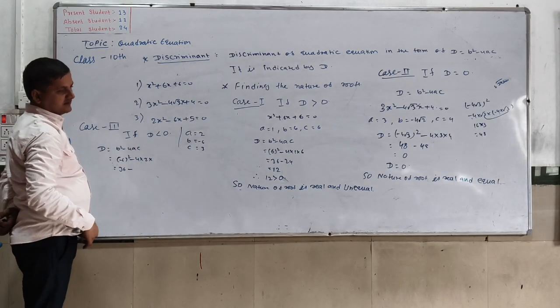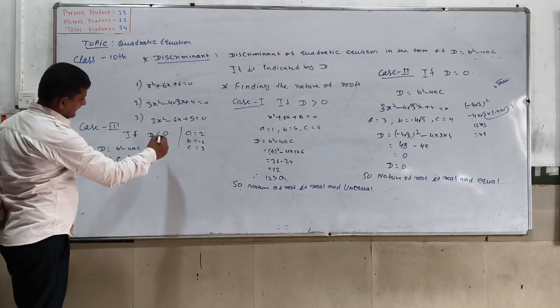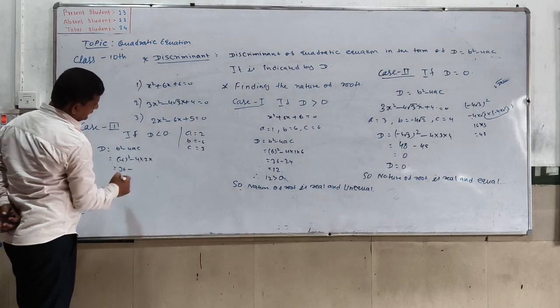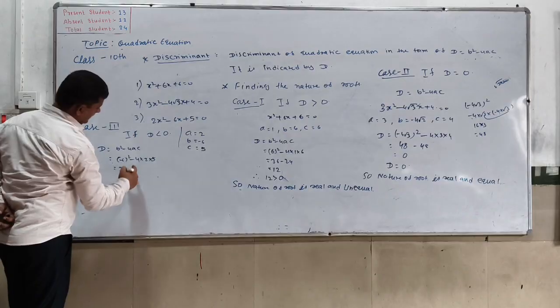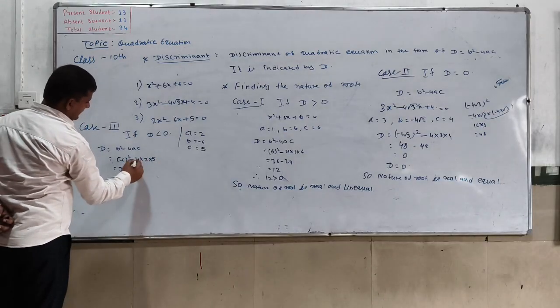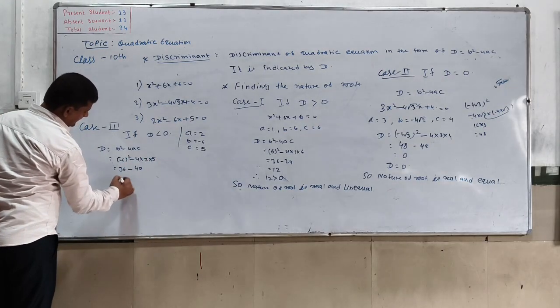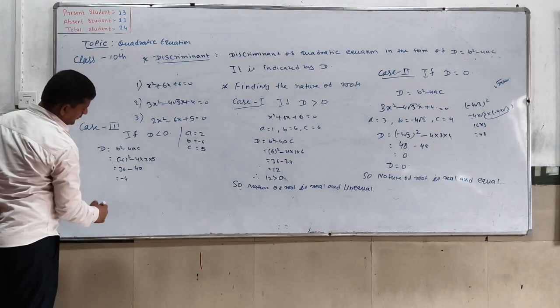Its roots are not real, there are no real roots. So 36 minus 24 gives 12. Their value is minus 4.